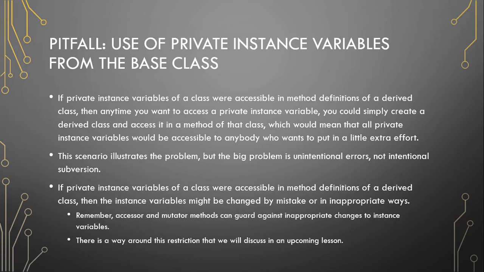If private instance variables of a class were accessible in method definitions of a derived class, then the instance variables might be changed by mistake or in inappropriate ways. So this is part of the reason why we want to make sure that we're not falling into this trap. Remember that accessor and mutator methods can guard against inappropriate changes to instance variables. Now, there is a slight way around this restriction that we're going to discuss in an upcoming lesson.